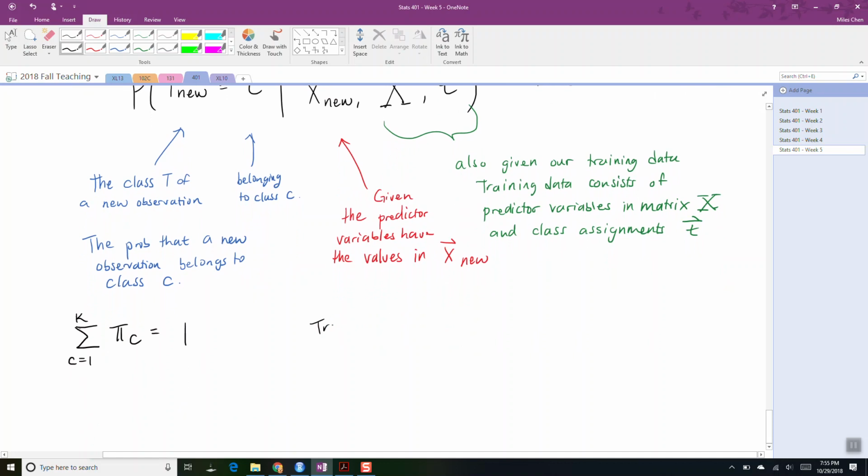And our training data will be predictors x and known classes t.